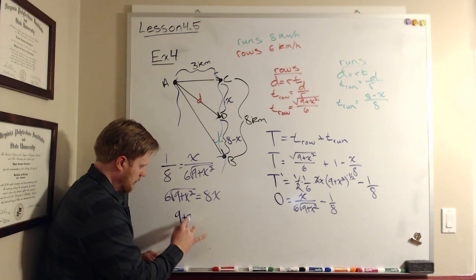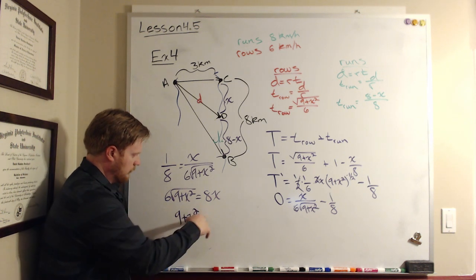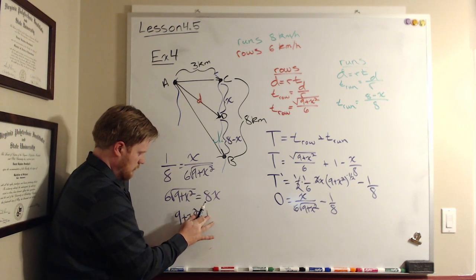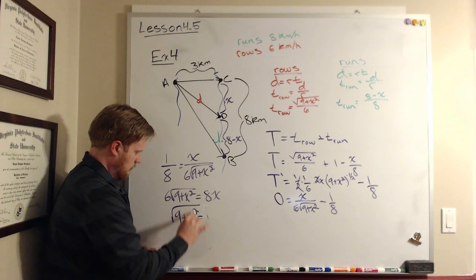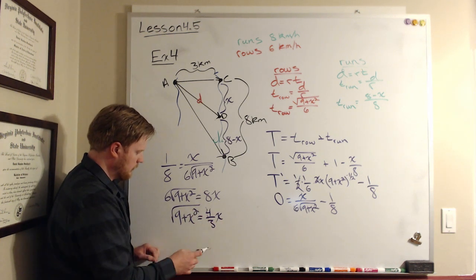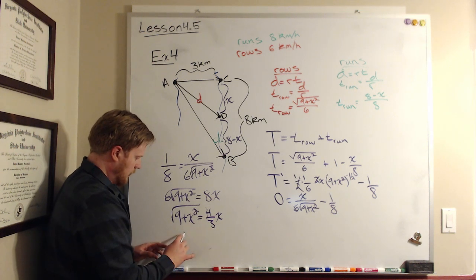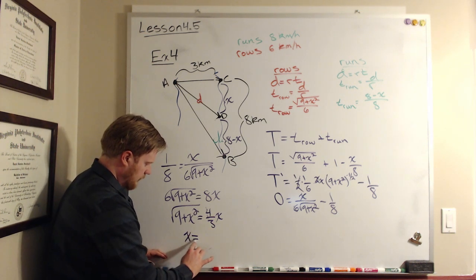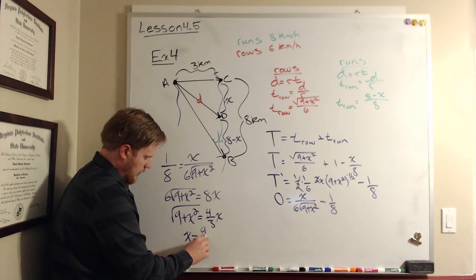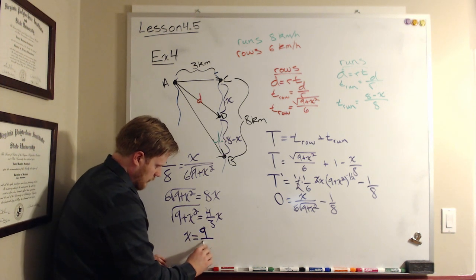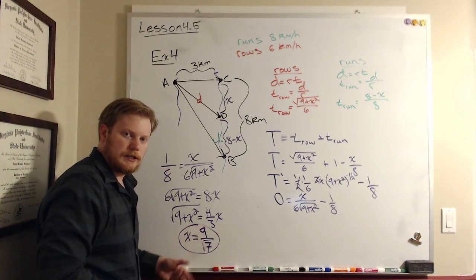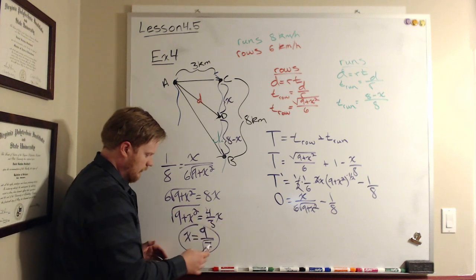We're going to get 9 plus x squared equals 4 over 3 x squared, and we square both sides. We get 16, and you keep solving this, you will end up with x equal to 9 over the square root of 7. So it's just algebra from here on. You're just solving for x.